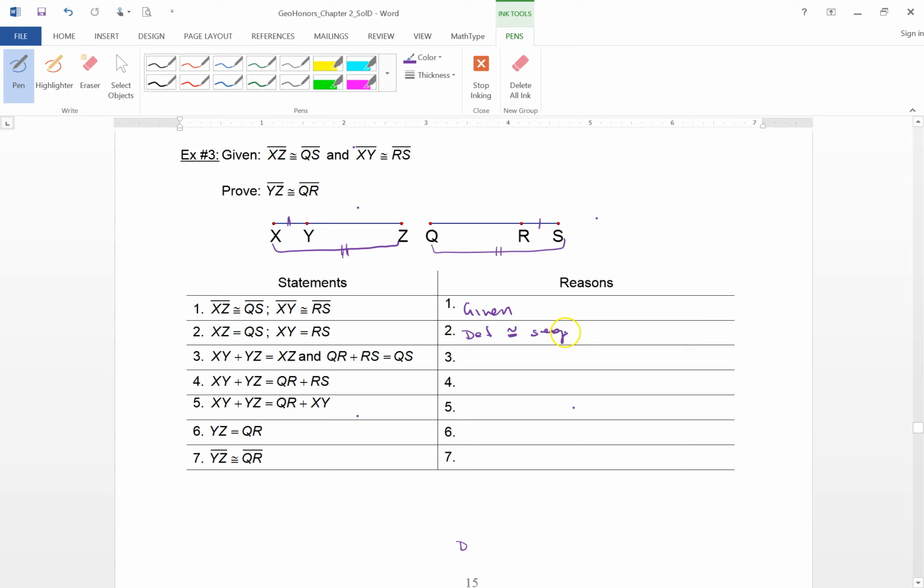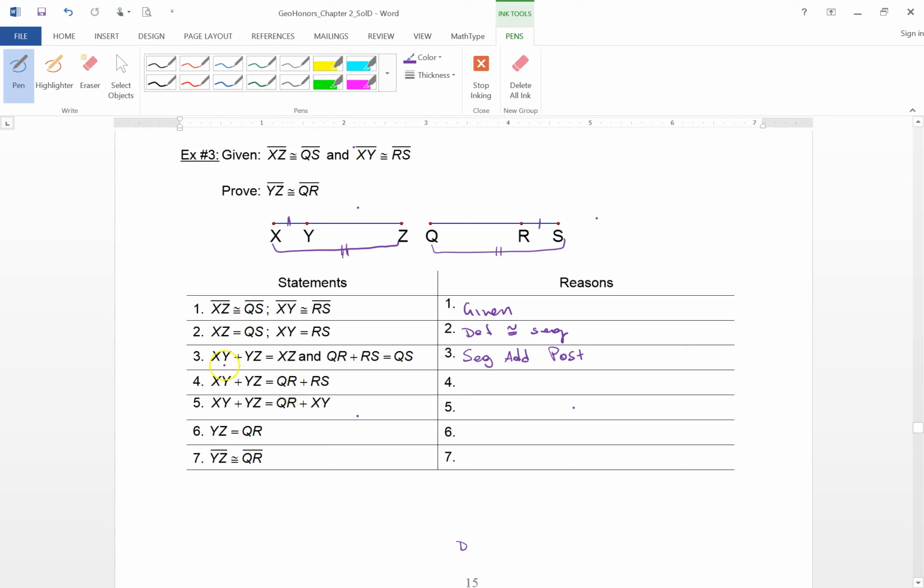Now, what about this one? XY plus YZ equals XZ. QR plus RS is QS. What is that? Segment addition postulate. Next one. We have XY plus YZ is equal to QR plus RS.